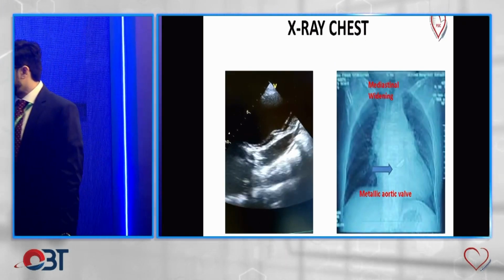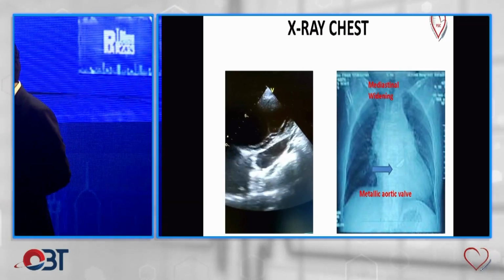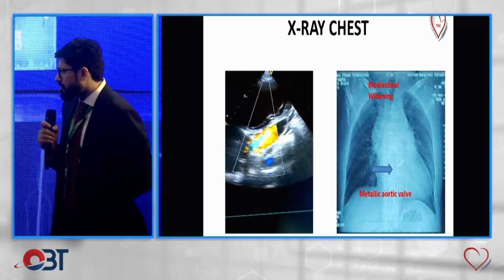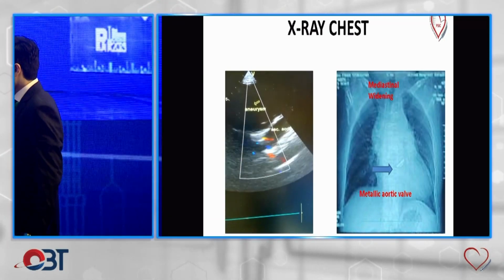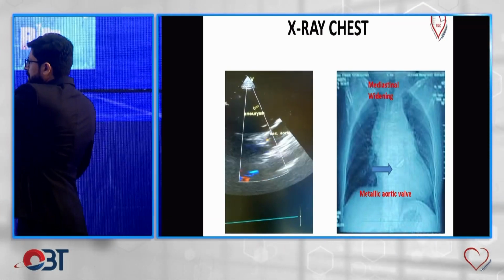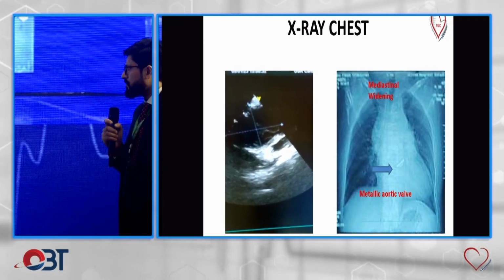So the patient was discussed, and ECG, X-ray chest and echocardiography were performed. ECG was normal, and X-ray chest showed mediastinal widening, as you can see, along with the metallic aortic valve.